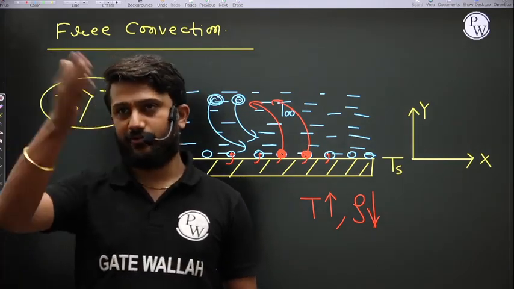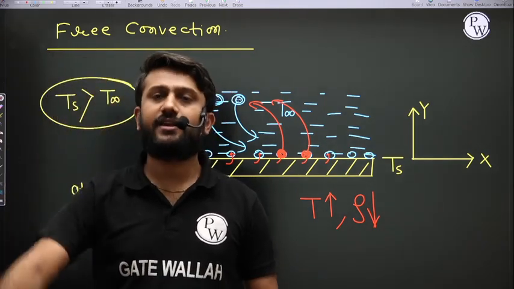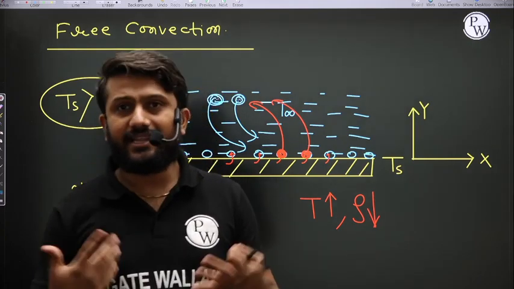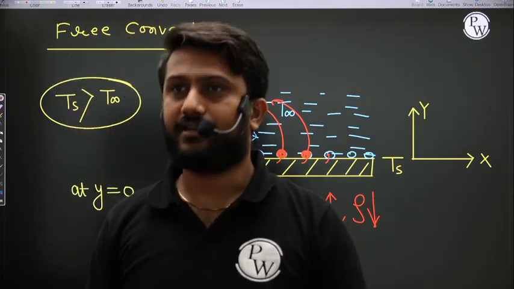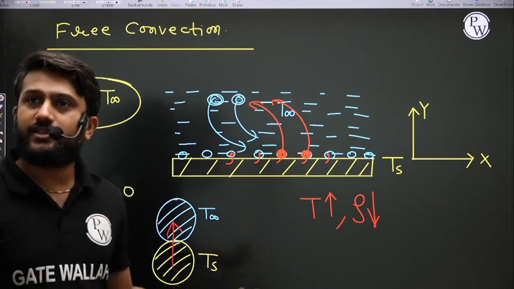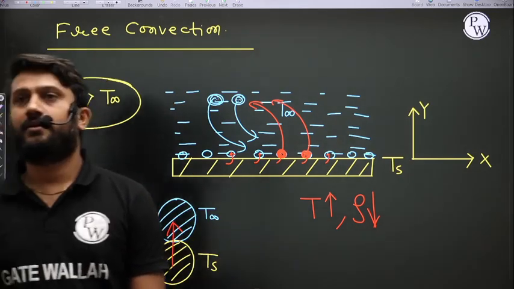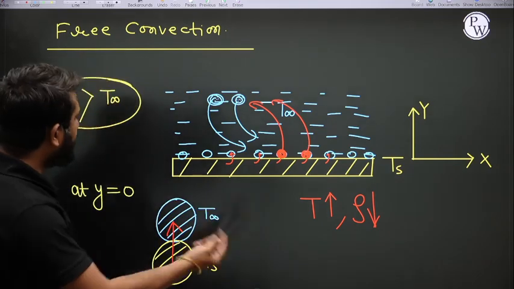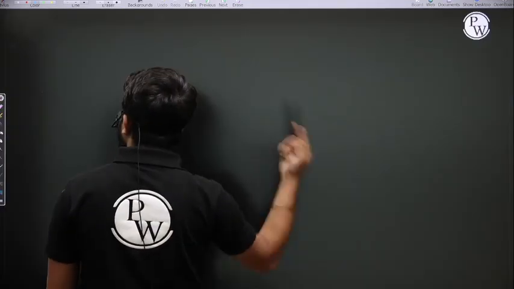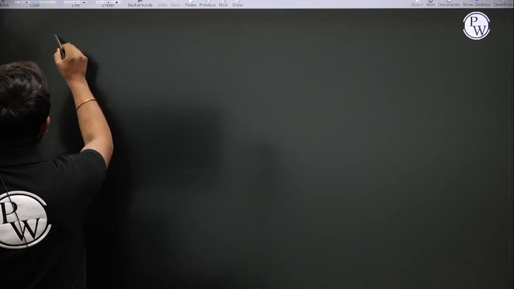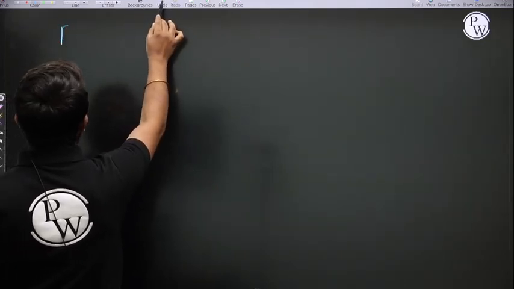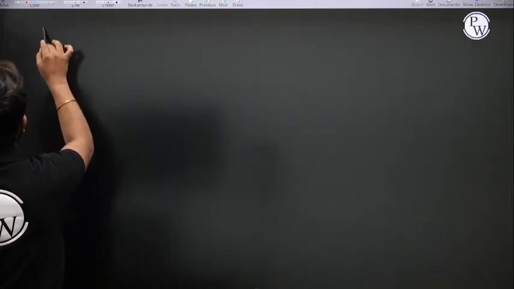Lighter particles move upward, heavier particles move downward, and in this way, convection occurs. Is it clear? So this is about free convection. Free convection is also governed by Newton's law of cooling, as I already discussed. Now come to forced convection.